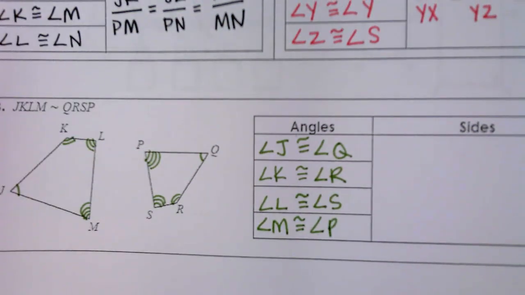Now, in this example, we have two quadrilaterals, right? It really doesn't change much. We just have 4 sides instead of 3. So I'm going to go around again the same as I did before.